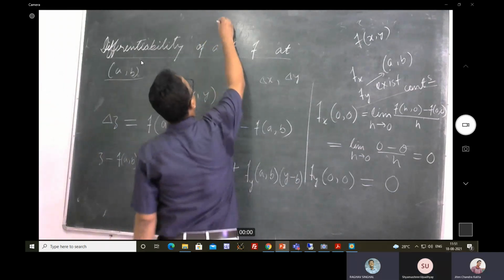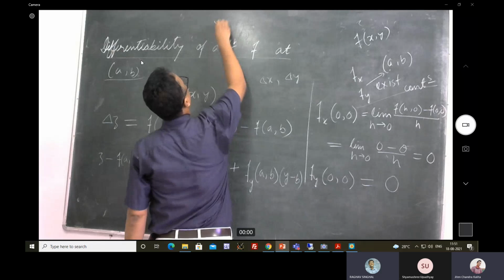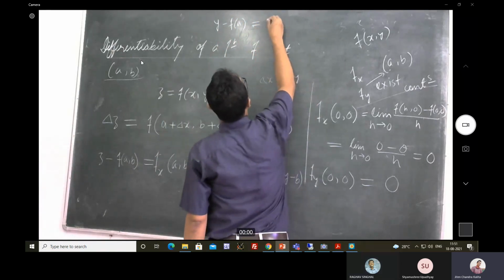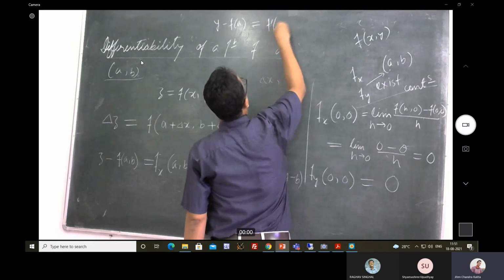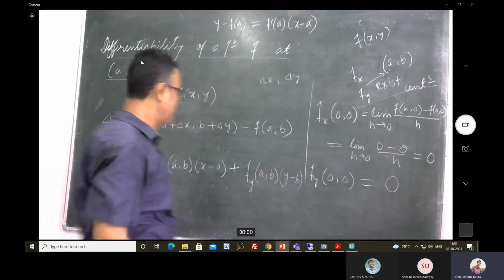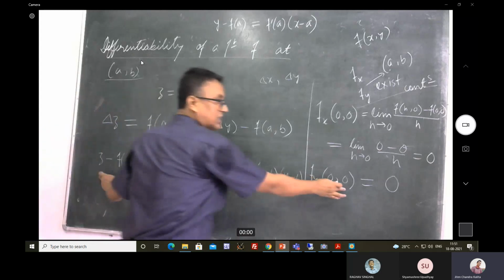Whereas for a function of one variable, it was given by y minus f(a) equal to f prime a times (x minus a). Similarly it is given here.